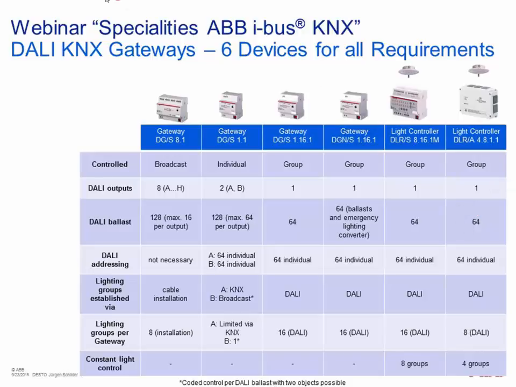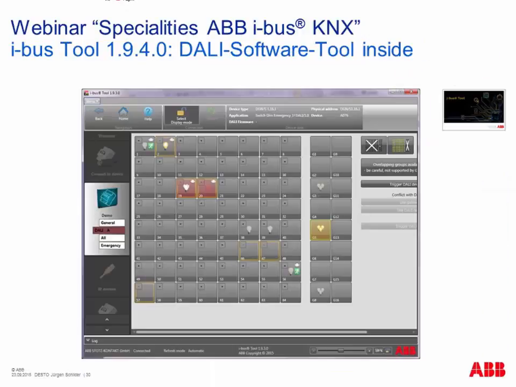Yeah, a big family, and thanks to our IBUS tool, also very special features. The DALI addressing or detection of DALI addresses, the DALI grouping can be done easily here together with our IBUS tool, because we have here a real graphical environment to detect the DALI addresses and to create groups as necessary.